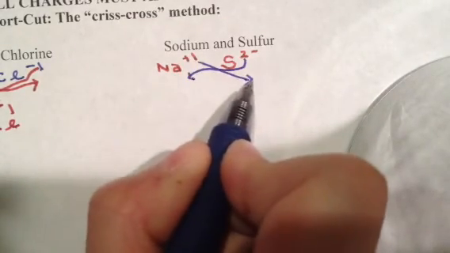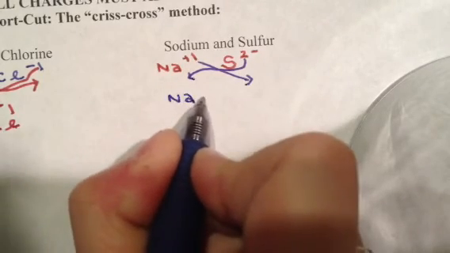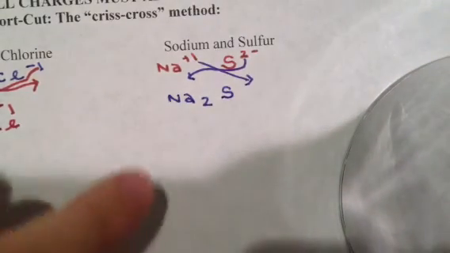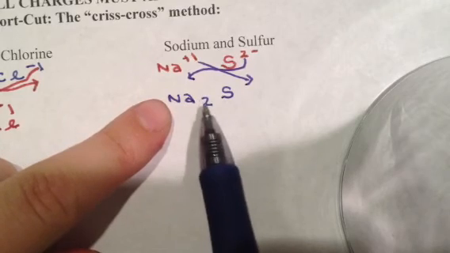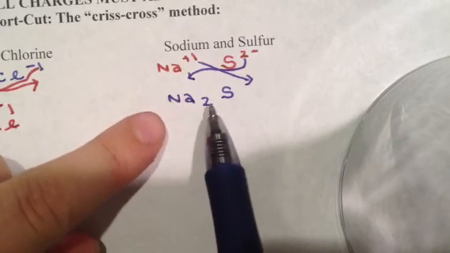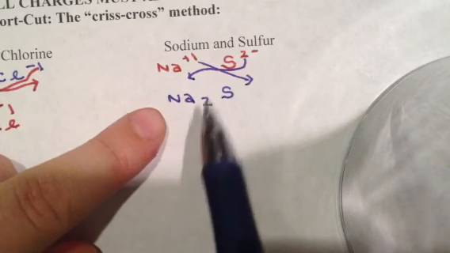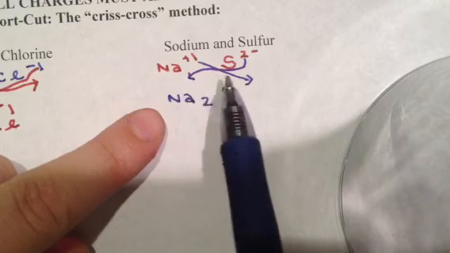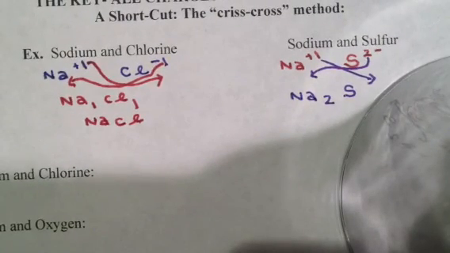That 1 is going to become a subscript for sulfur. So it becomes Na2S. Now, let's double check to make sure that my charges really do add up to 0. Na has a +1 charge, so multiply that by 2. Sodium is now contributing a +2 charge altogether. Sulfur has a 2- charge, so +2 -2, total of 0. So notice this crisscross method works very nicely.